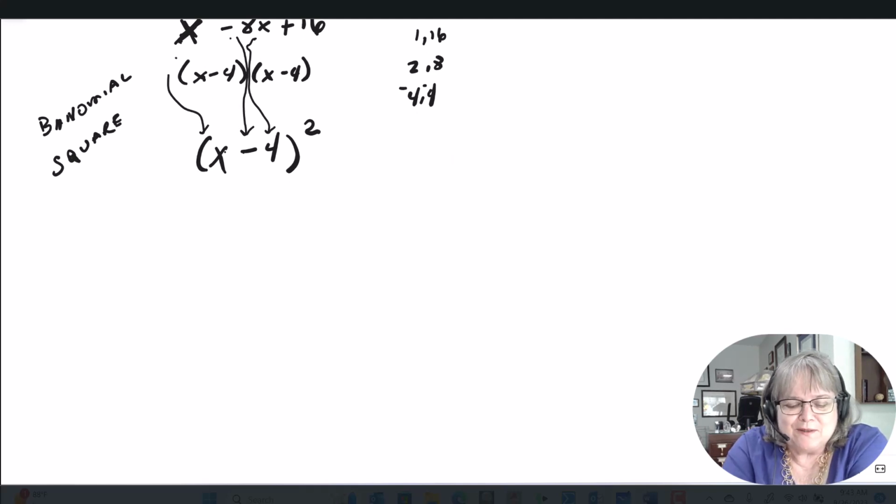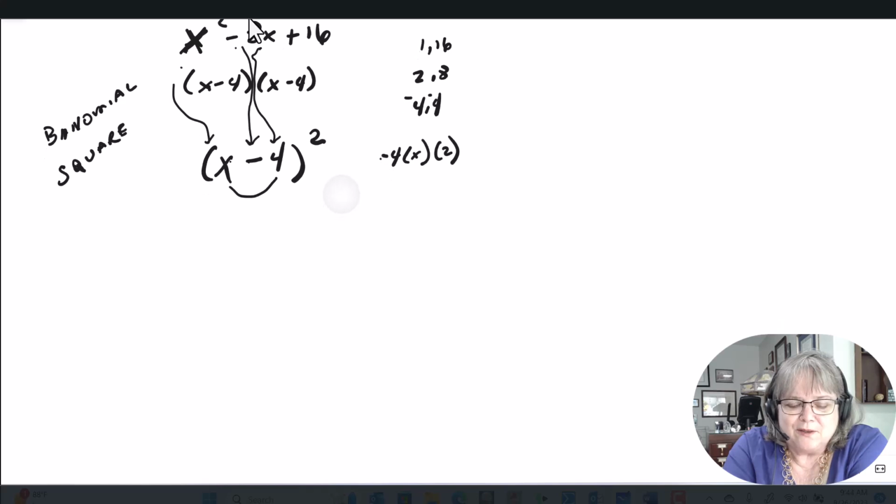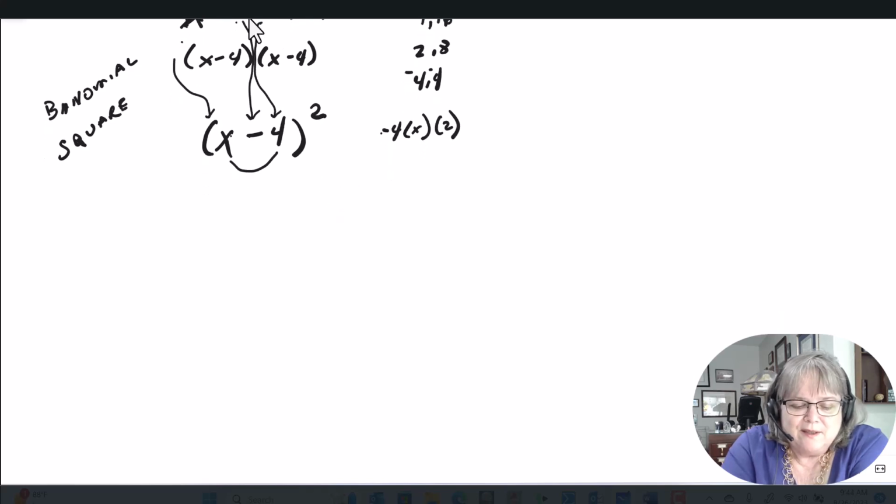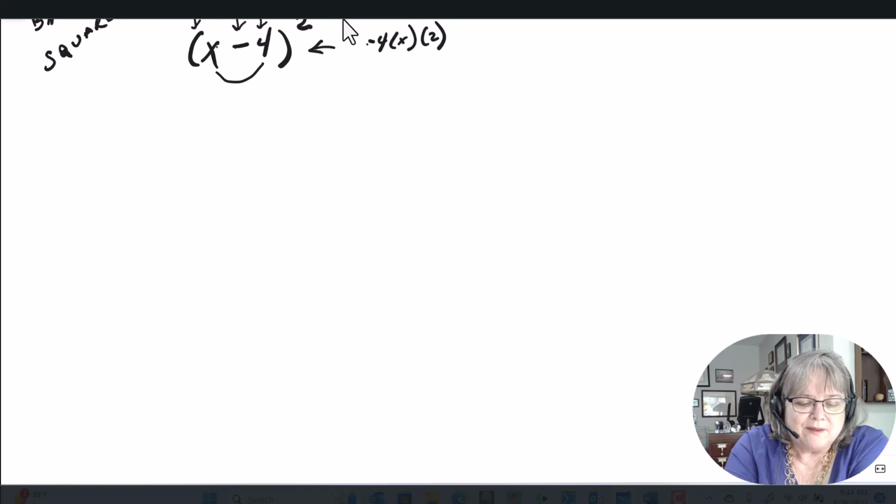Rather than multiply it all out, you would say, does this times this, minus 4 times x doubled, you have to double it, get you this term up here in the middle, minus 8x. And you go, yes, it does, so that checks. So whether you write x minus 4 times x minus 4, or x minus 4 squared, it's the same answer. Let's try this one.